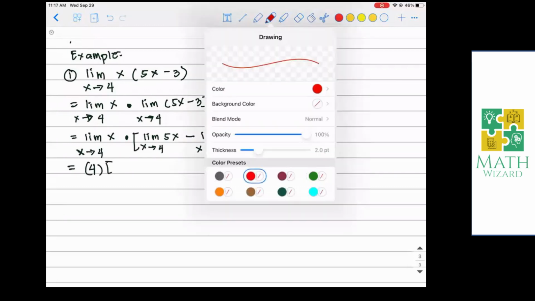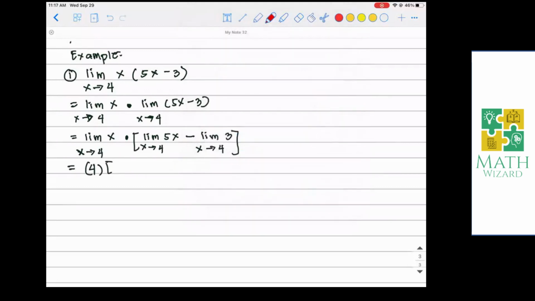So ang ginagawa natin, we move this sa tabi ng limit on the left side, kaya it becomes 5 limit of x as x approaches to 4.